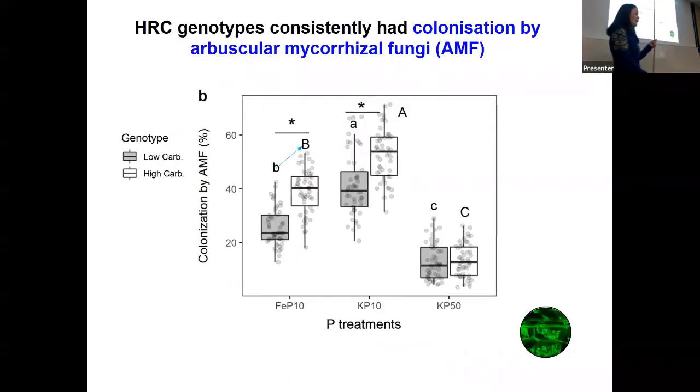And very interestingly, under both low phosphorus conditions, the genotypes with high carboxylates also had high AMF colonization here and here.